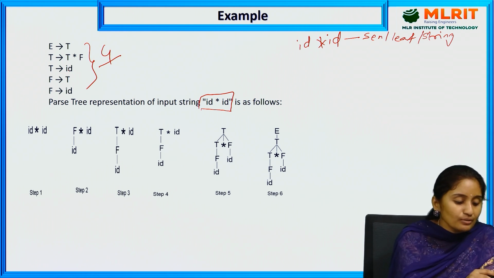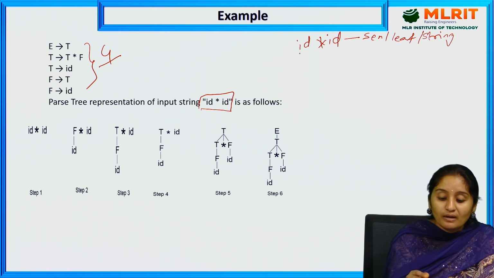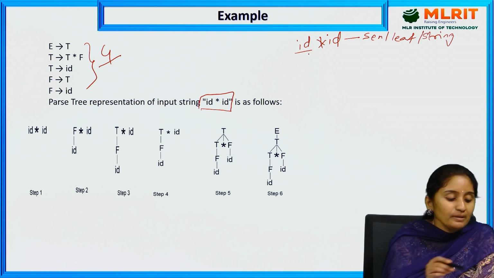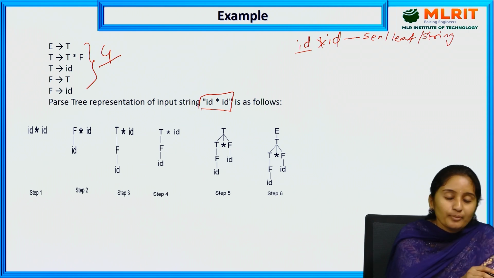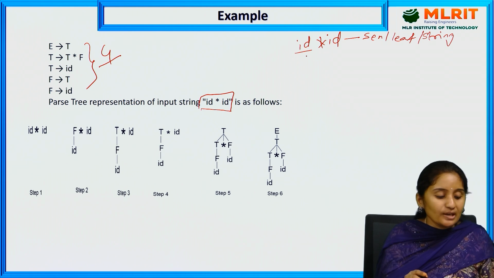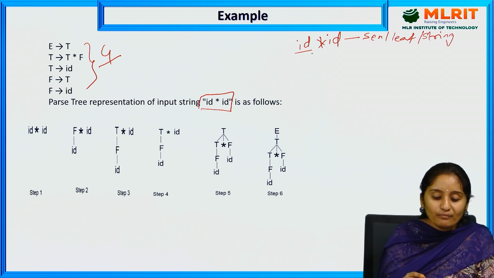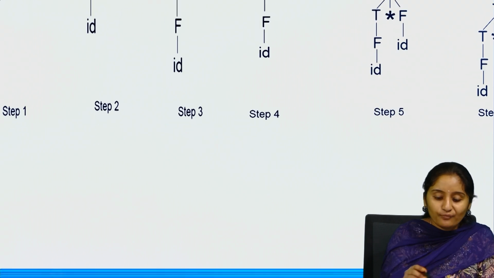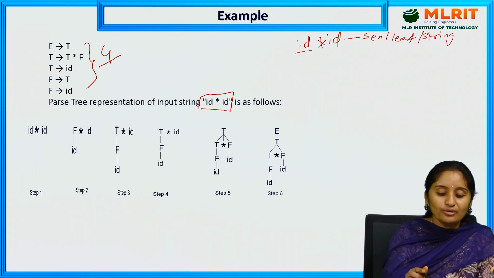Now we are going to apply the productions. See here, ID is there. We check each symbol to see whether it matches the productions. The handle, ID, is checked against the given production, whether it can be handled in the rightmost derivation. If it is handled, we reduce it.